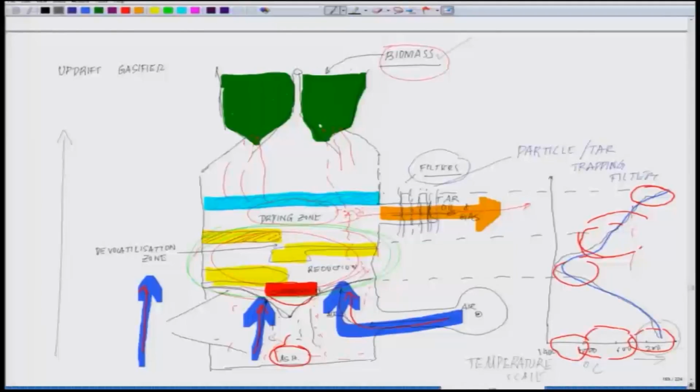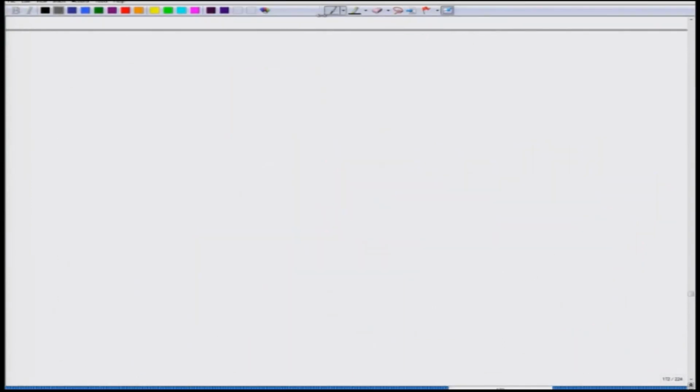Keeping this picture in mind, now from updraft we will move to the downdraft gasifier, and let us start with the schematics of the downdraft gasifier. Exactly, we will follow the same protocol what we followed in the previous class.